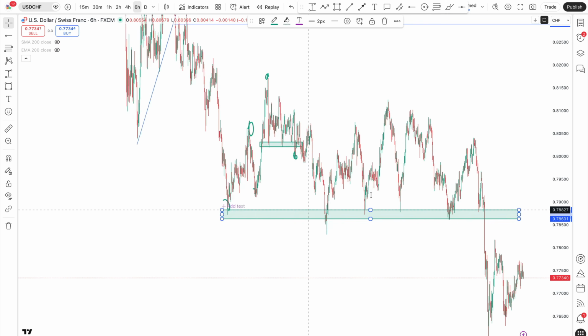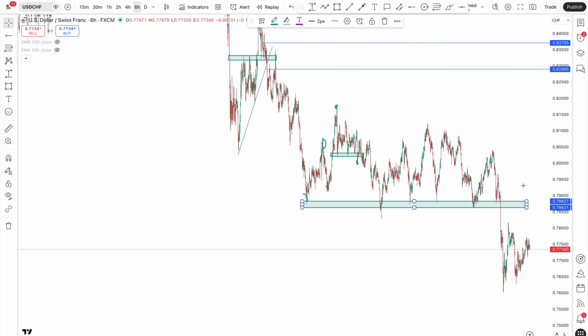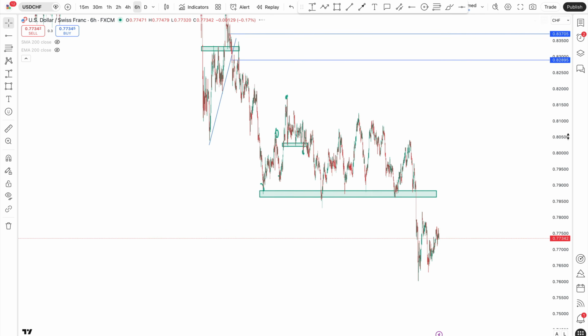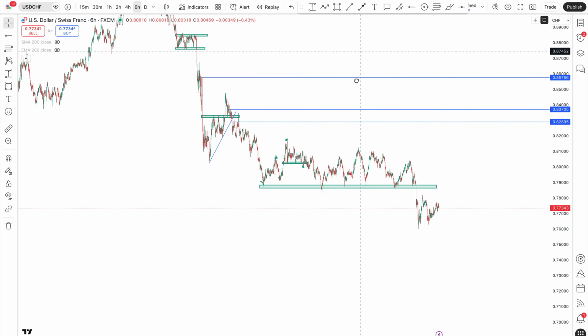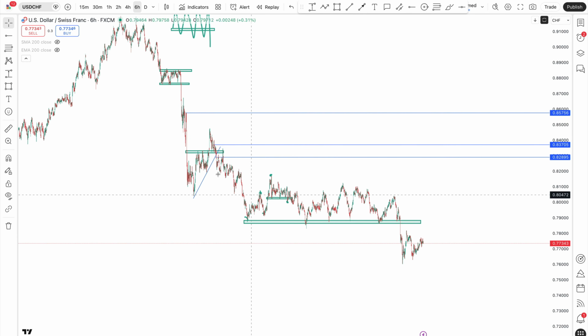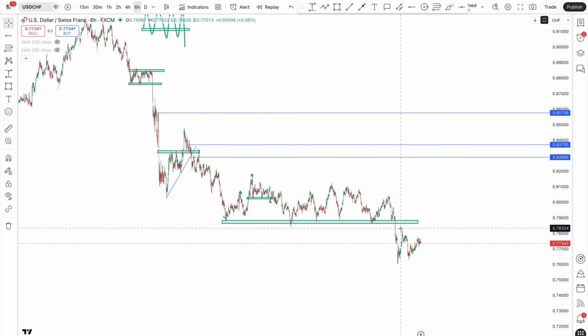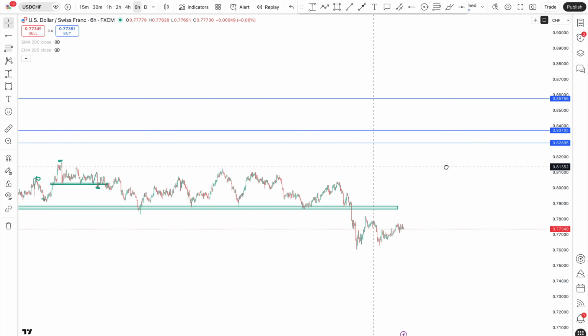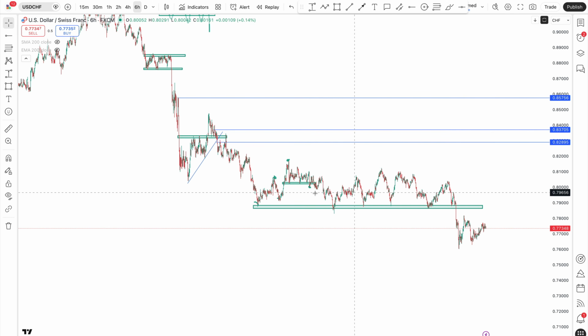On the 6 hours time frame, we have a good area of support, but the difference between this support and the one over here is that this one goes in line with the overall trend on the 6 hours time frame. You can see lower highs, lower lows confirmed. So when we take out this area of support, it tends to give you a solid trade with volume. That's what happens when you put context into consideration when trading support and resistance.